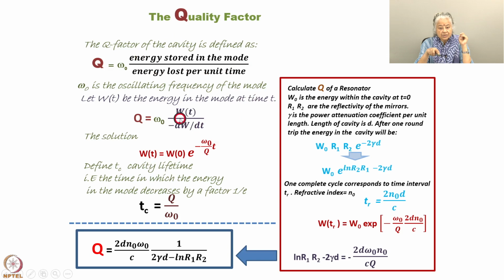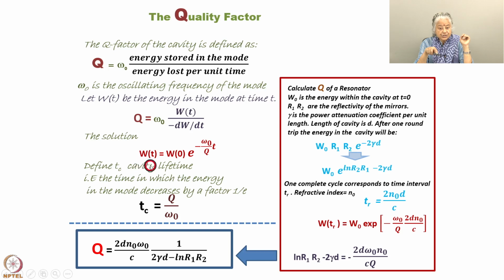Okay. So, energy lost per time. This, as you can see, is a differential equation, and it is quite a standard one, and its solution is given by this. You have come across these solutions many times before, and I myself have given it in quite a few of the previous slides.